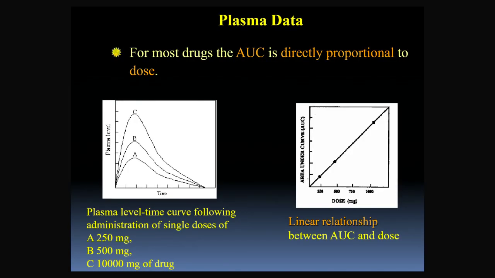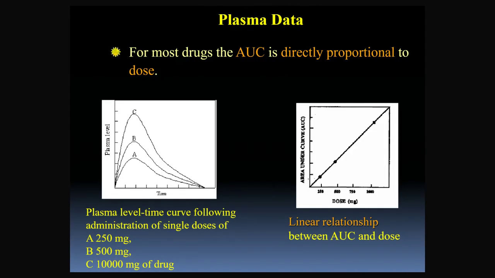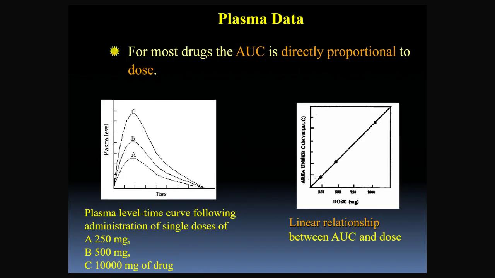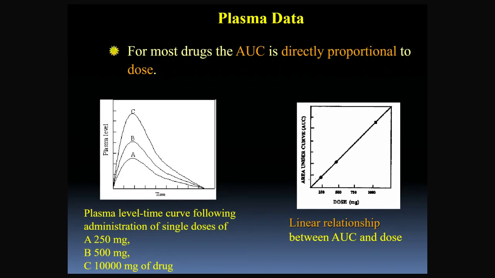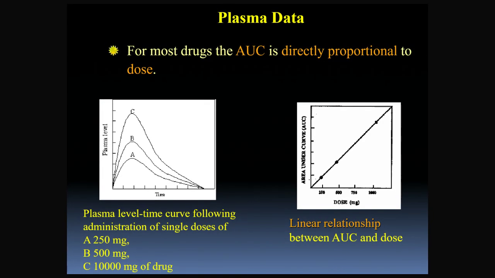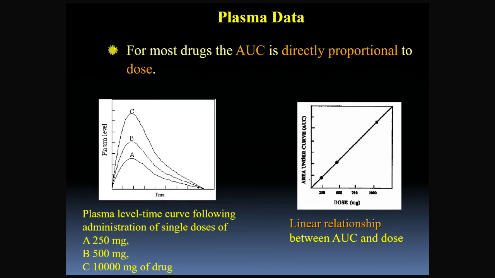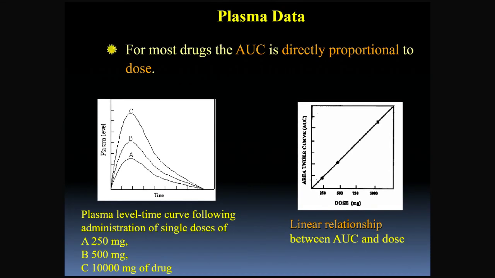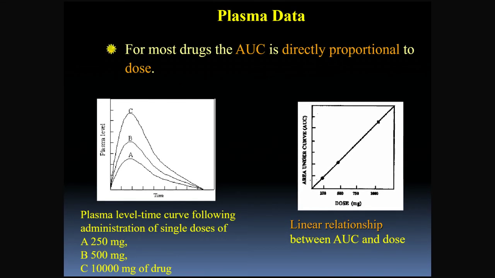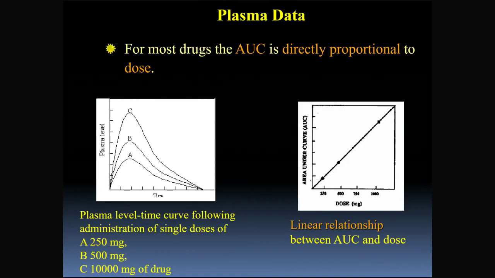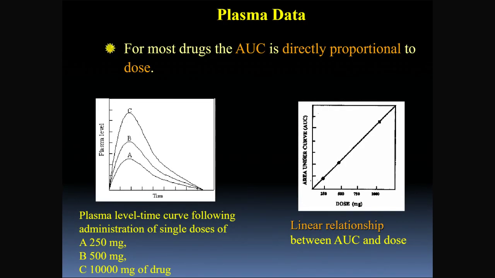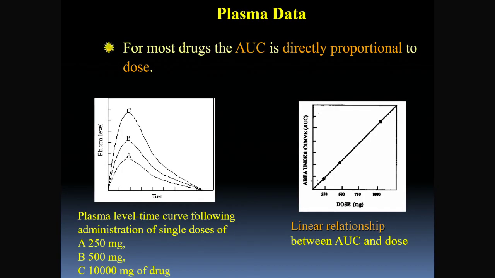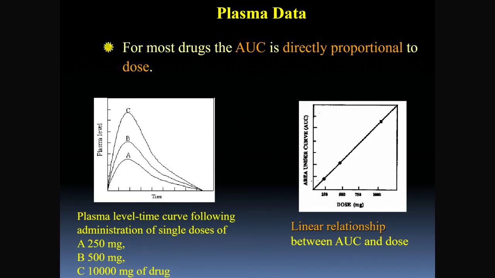Observe the progression on the left as the dose scales from 250 milligrams to 1,000 milligrams. The corresponding plasma concentration time profiles expand symmetrically, reflecting that the total systemic exposure is a direct mathematical consequence of the mass administered. This proportionality is solidified in the right-hand graph, where the plot of area under the curve against dose yields a consistent linear slope, governed by the formula where AUC equals the bioavailable dose divided by clearance.